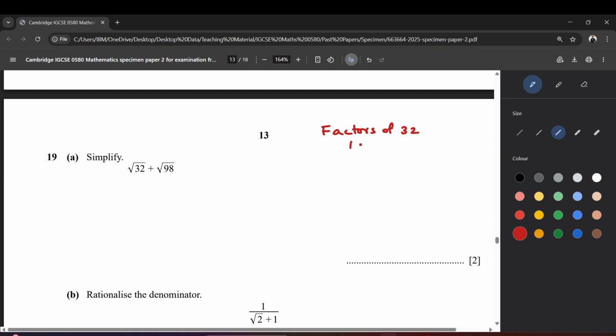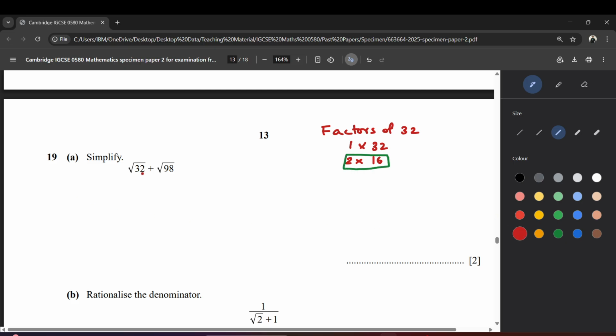So let's see, 1 times 32, then we have 2 times 16. Now you can see that these are the top values, right? So you have 16. Greater than 16, the only value you have is 32, and 32 is not a square number. So therefore, we can choose this pair.